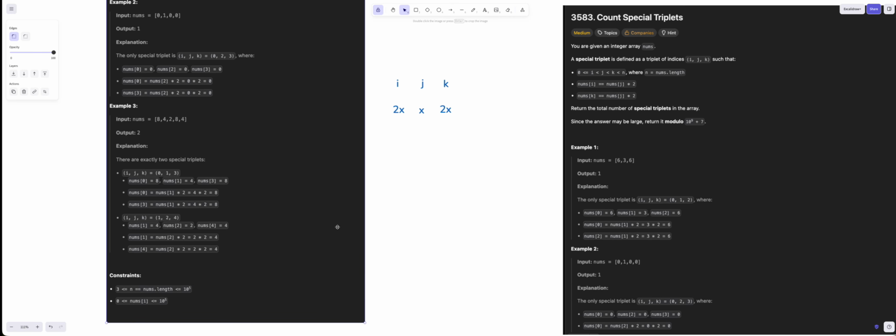To find i and j here, we choose 0, 1, and 3, which is technically 8, 4, 8. If you multiply the 4 by 2, that becomes 8. So that is one triplet. Another is 1, 2, and 4. If you multiply 2 by 2, that becomes 4. That's the reason why the output is 2.